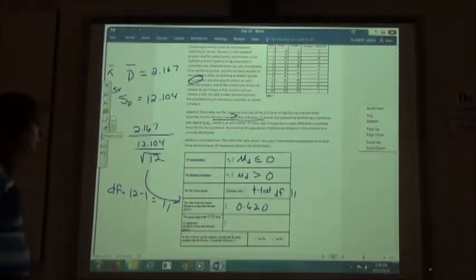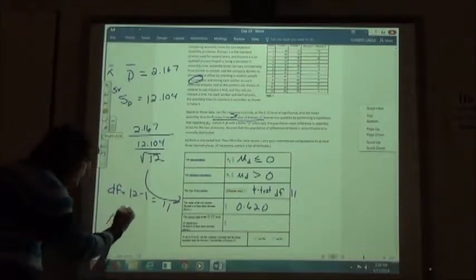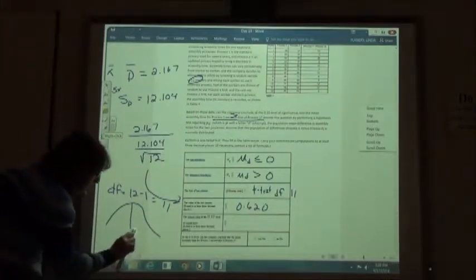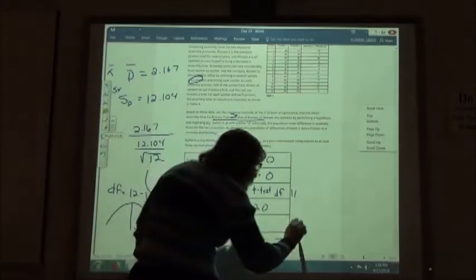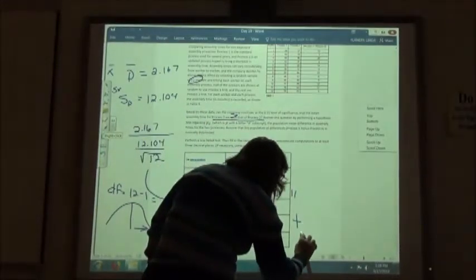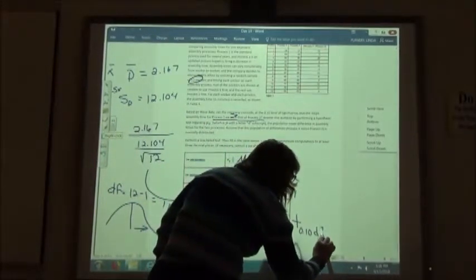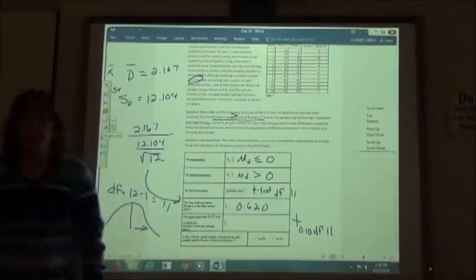This time we're doing a one-tailed test, not a two-tailed test, so we don't have to divide by 2. We're just going to use the 10% level of significance, so t sub 0.10 with 11 degrees of freedom.